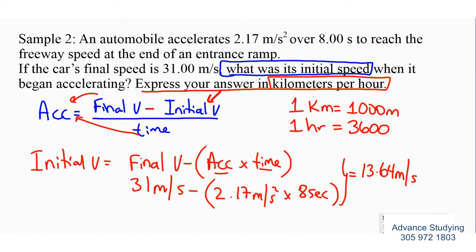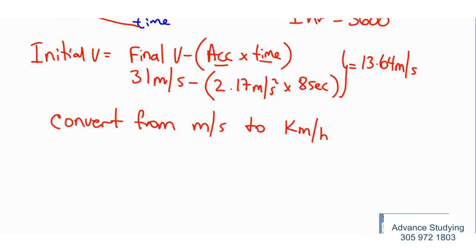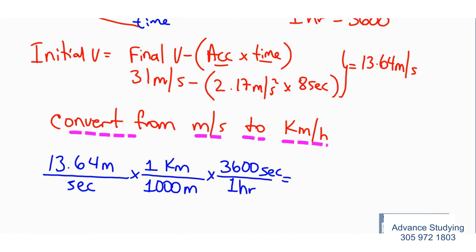Let's set it up. So I will now convert from meters per second to kilometers per hour. Let's begin with what's given to us. The answer is 49.1.